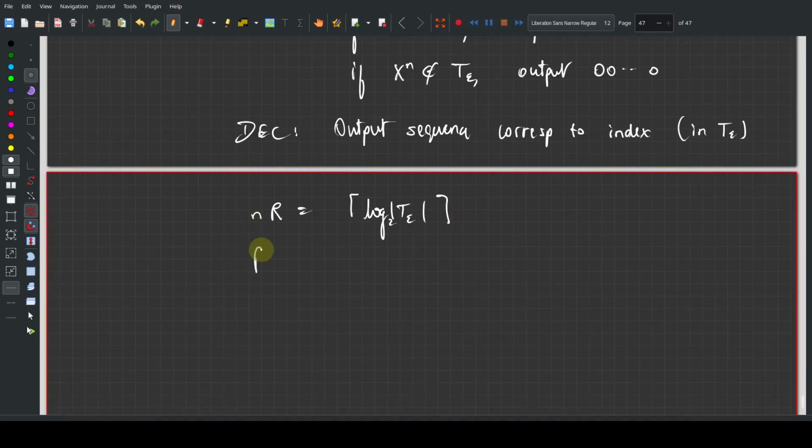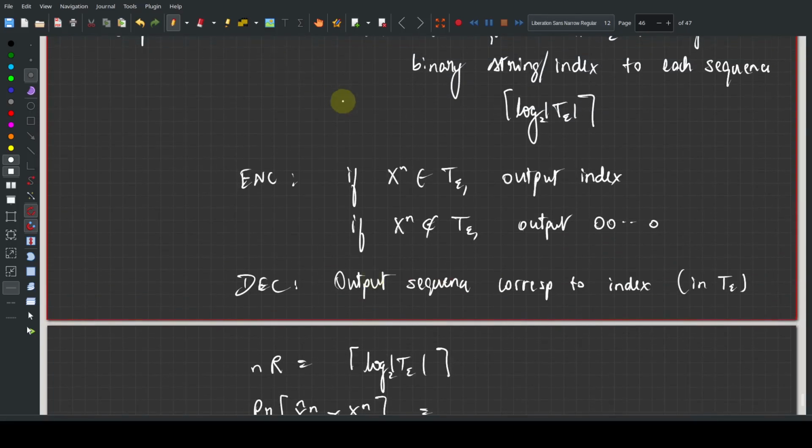And what is the probability of error? So when does an error occur? When the sequence is not in this set T epsilon. If the sequence were in T epsilon, then you would be outputting the correct index, and the decoder would output that sequence back.